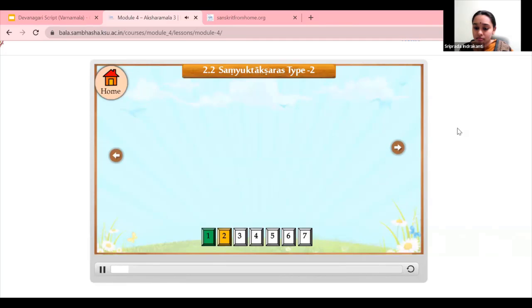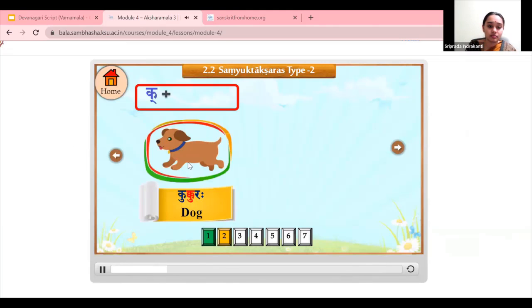For example, kukkuraha. K plus k is k. The second k is written below the first.